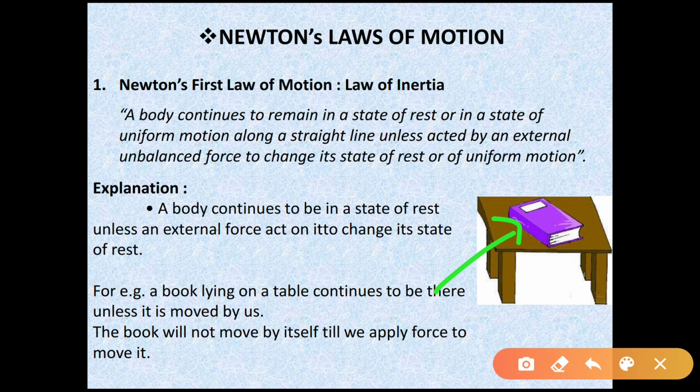So we can say that the book will not move by itself unless we apply force. That is what Newton is saying: a body continues to remain in a state of rest unless an unbalanced force acts on it to change its state of rest.